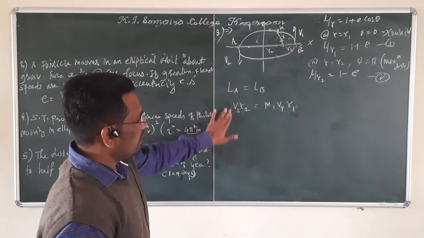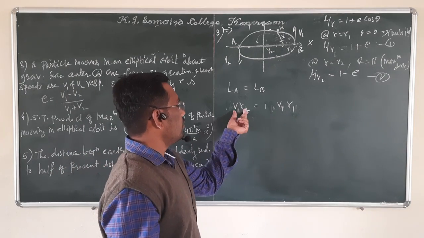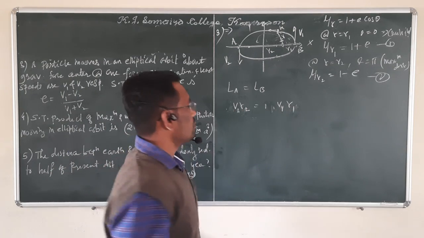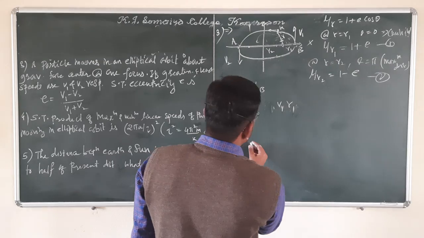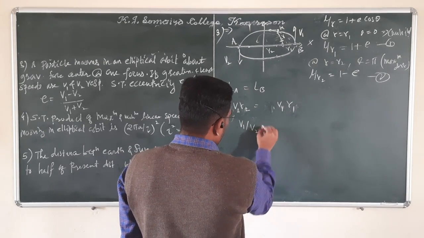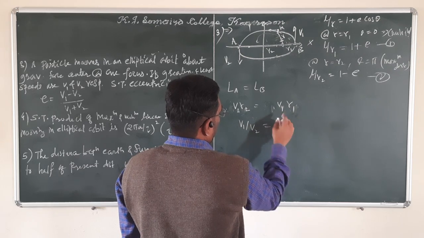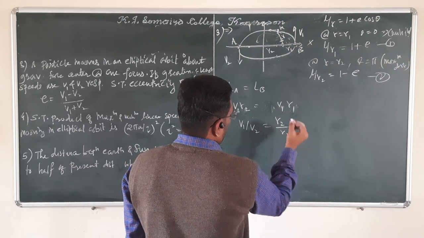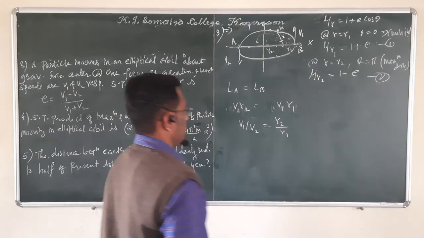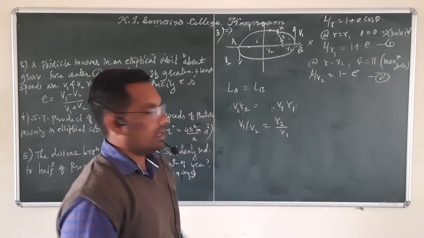So this m will get cancelled, and we get v2 r2 is equal to v1 r1. So from this equation, if you take v2 to the right hand side, v1 upon v2 is equal to r2 upon r1.